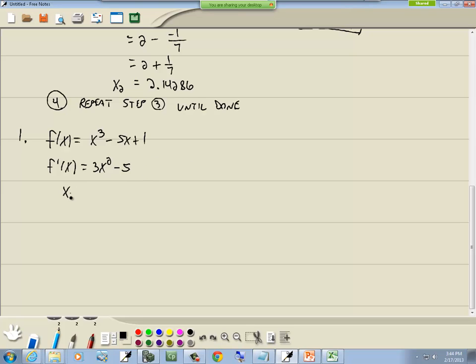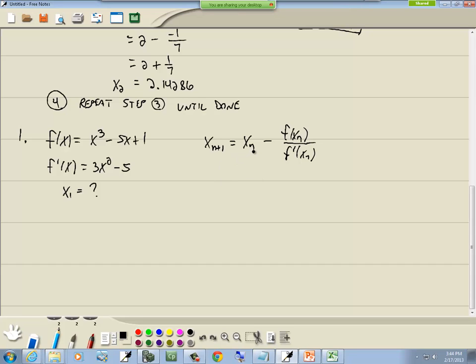And we have some kind of guess. x1 is equal to something. Okay, so now x sub n plus 1 is going to equal x sub n minus f of x sub n over f prime of x sub n.